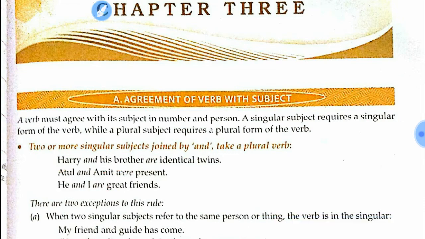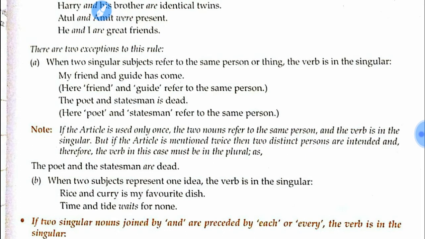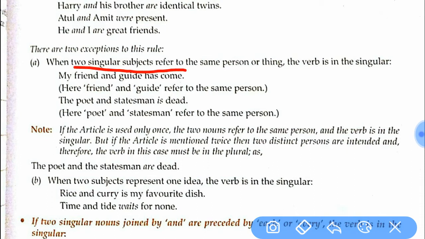Great. Now, with and, there are two exceptions. What are the two exceptions that we have? The first one is when two singular subjects refer to the same person, then the verb will be singular.